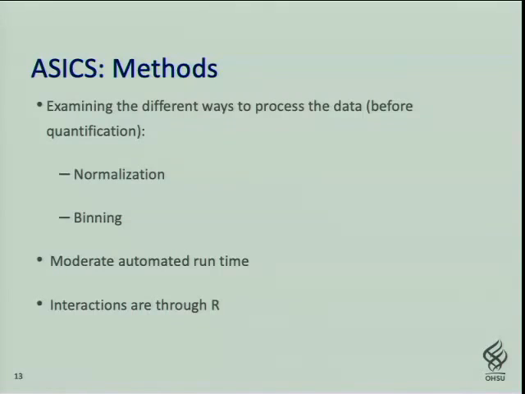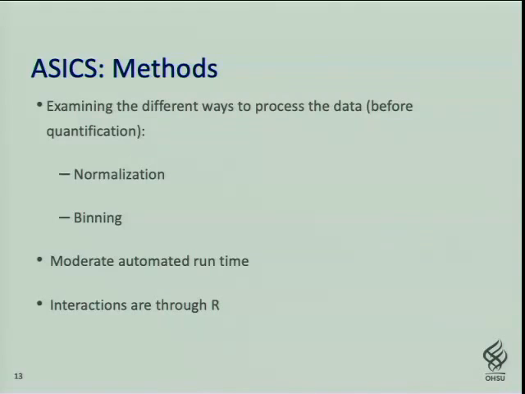I really focused in on normalization and binning because there were a lot of different options and variations in how you could do it, and I wanted to get behind what the program was doing. So I looked at different methods and different orders of doing this, and I ultimately found that as long as it was done before quantification, there was no real effect shown on that aspect of it.